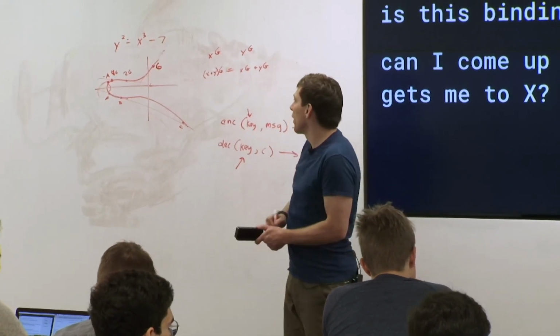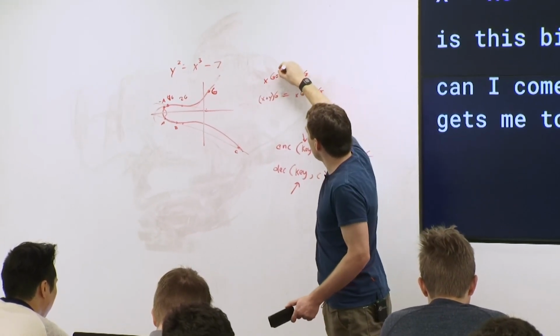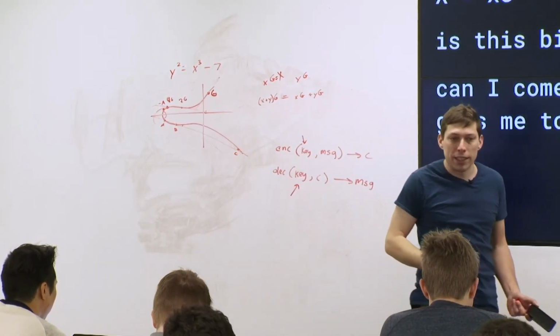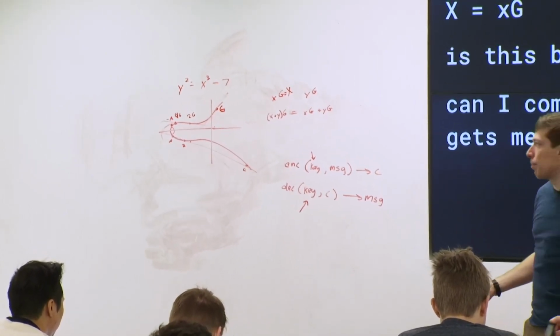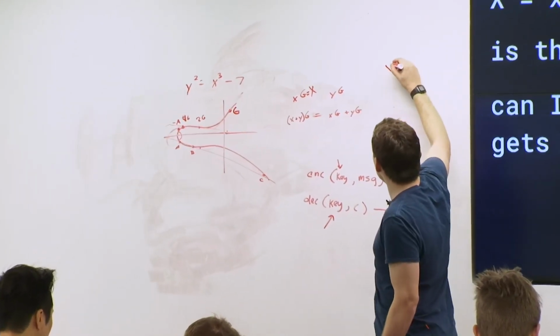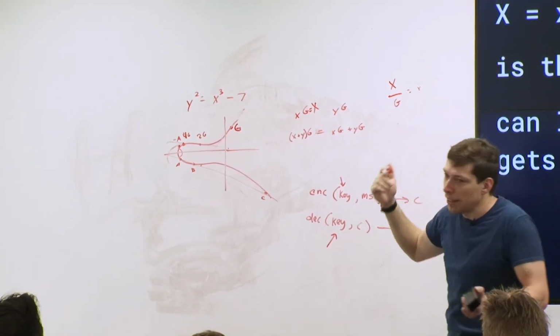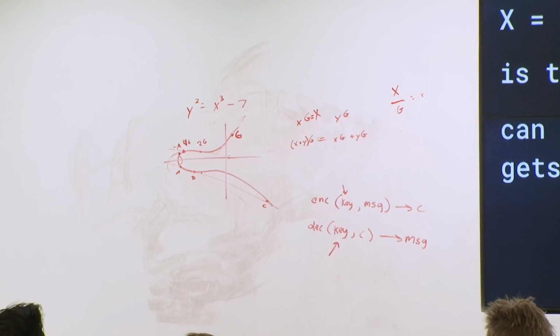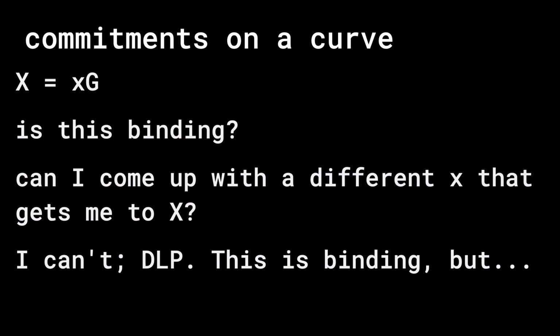And then the idea is you can't go back, right? Given a point, let's say we call this big X, which is little x times G, you can't figure out what x is. So you can't divide by a point, right? You can't say, given X, I want to do X divided by G, which is little x. I can't divide, so I'm stuck, right? I can multiply by just repeatedly adding, but division is not defined.